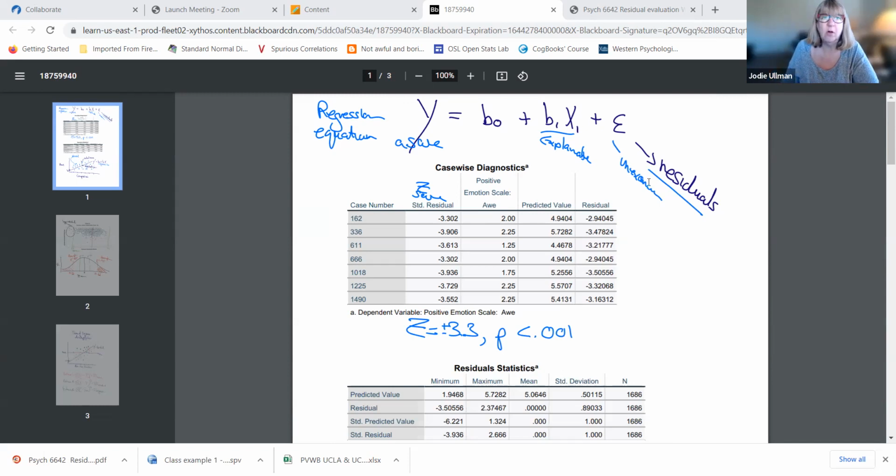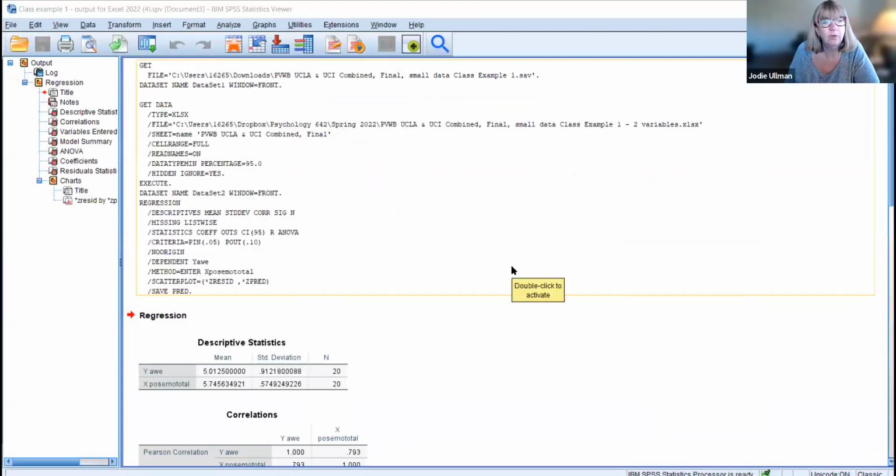Okay. So let's look at some printout with this example we have. I'm using the same class example. Okay, so here we've got it.